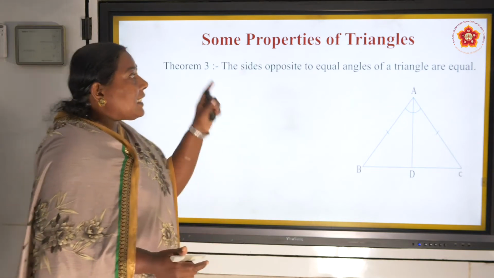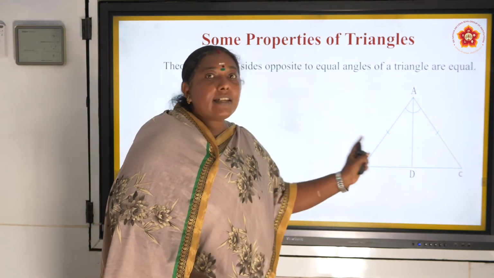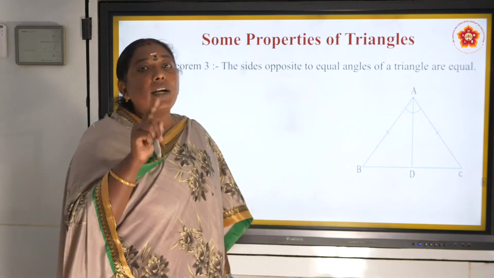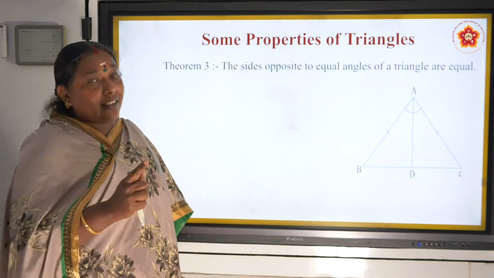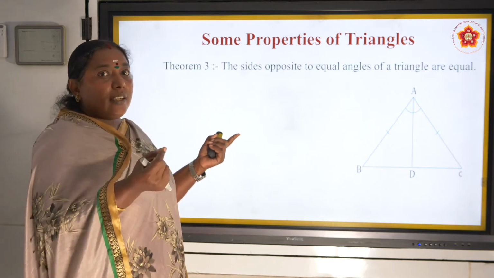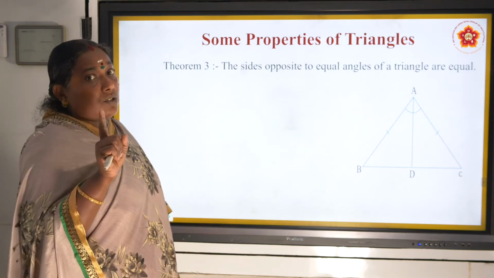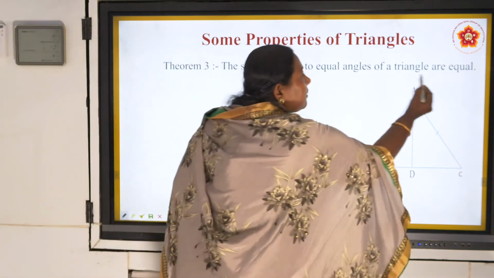Why? Because that is what we are going to prove. We are going to prove the sides are equal. That is why they didn't use the word isosceles. So while writing the theorem, be careful. When writing the first theorem, you can write isosceles triangle, but here you are not supposed to write isosceles triangle, just write triangle.